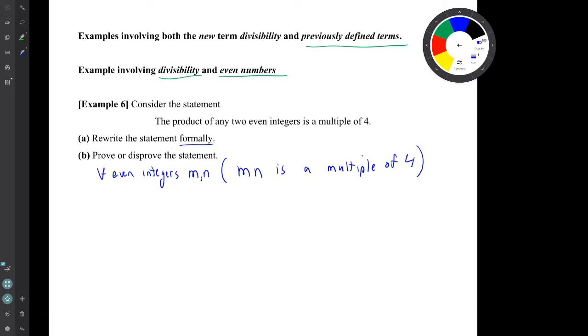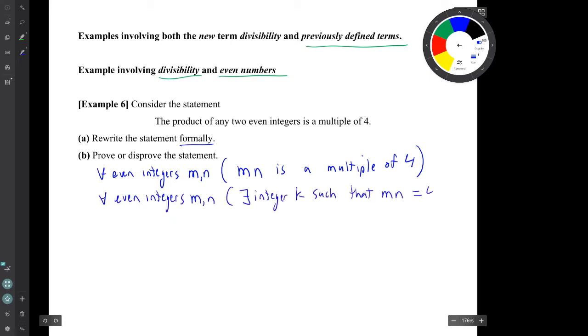So there's the predicate. But notice that predicate involves a defined expression. We really should quantify this, show how it works with quantifiers. So there is the same predicate, just written using quantifiers.